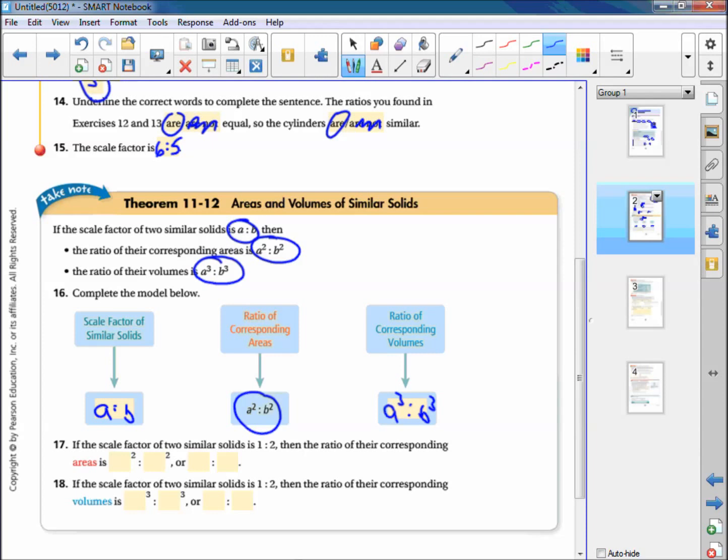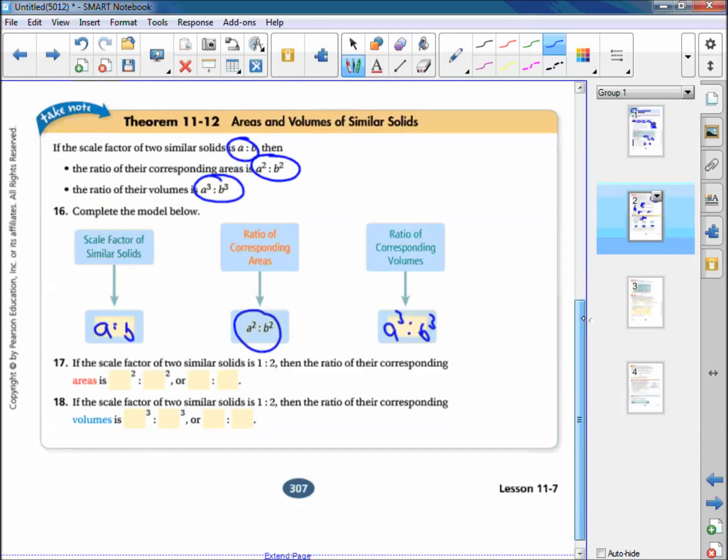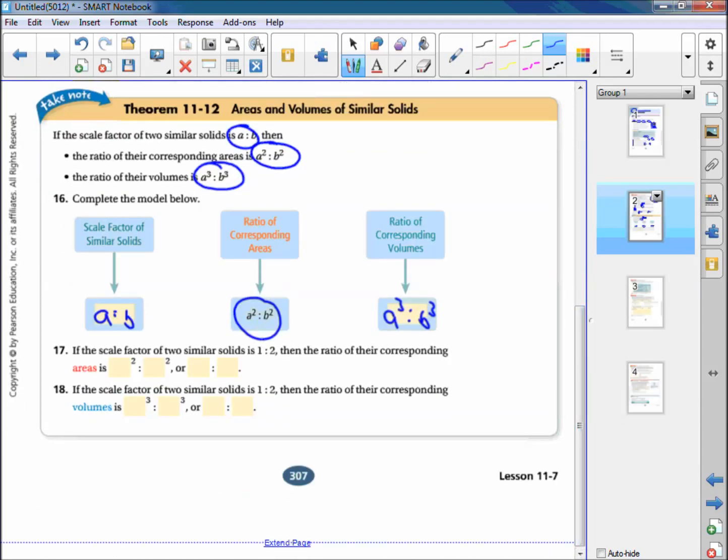So if the scale factor of two similar solids is 1 to 2, then the ratio of their corresponding areas is going to be 1 squared to 2 squared, which is 1 to 4. So the area is going to be 4 times bigger than it was before.